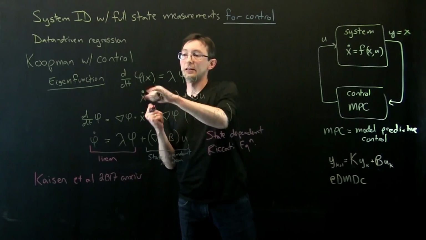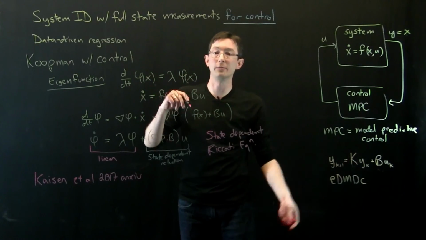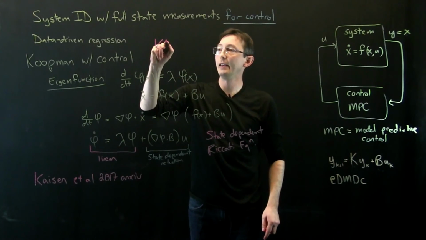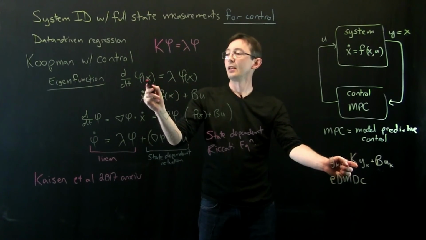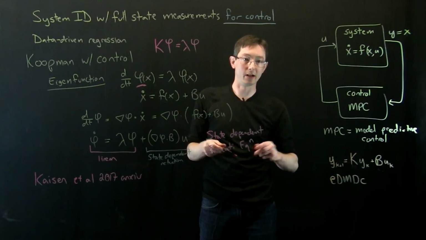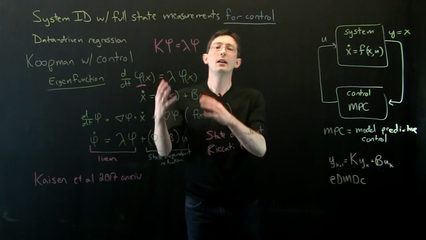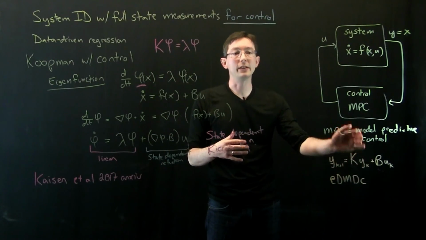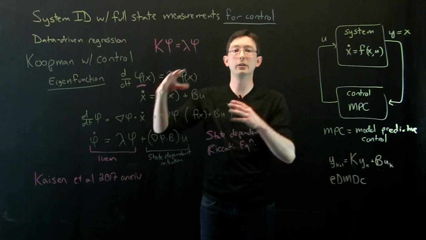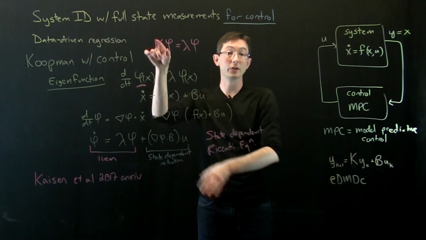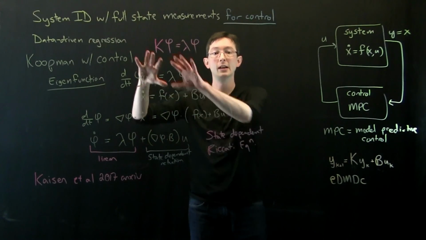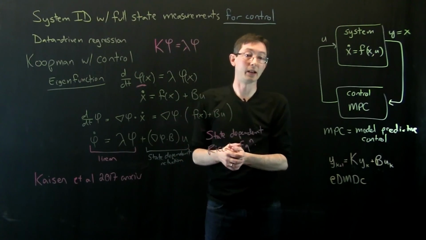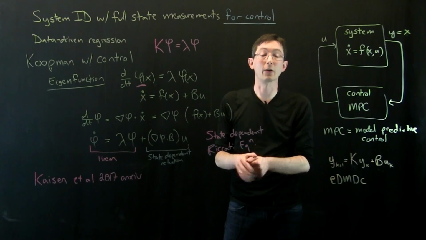I probably should have mentioned that this phi is an eigenfunction of this Koopman operator, so K phi equals lambda phi. And then instead of controlling all of these directions in y, I can hone in on just the eigenfunctions of interest that I want to control, like total angular momentum or total energy, and then you can do that using this state-dependent Riccati equation. Okay, thank you.